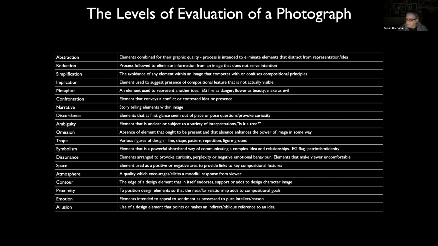Illusion. So you're pointing to something indirectly or obliquely. You may remember that terrible photograph of the small boy washed up on the beach when the migrants were trying to escape across the Mediterranean.